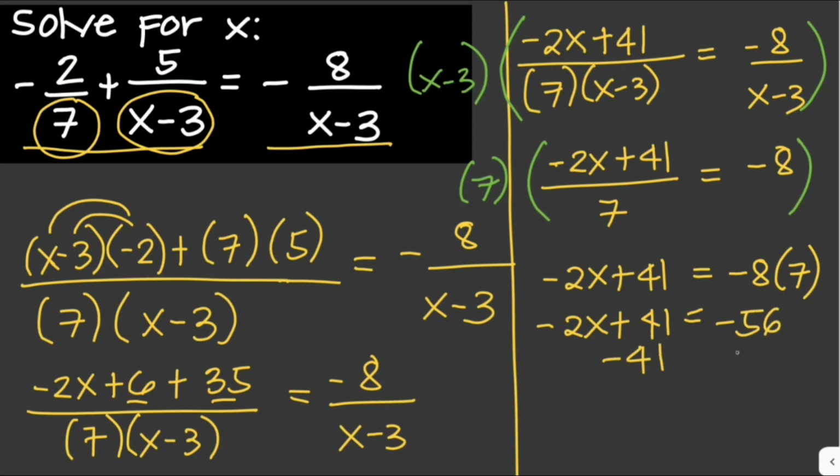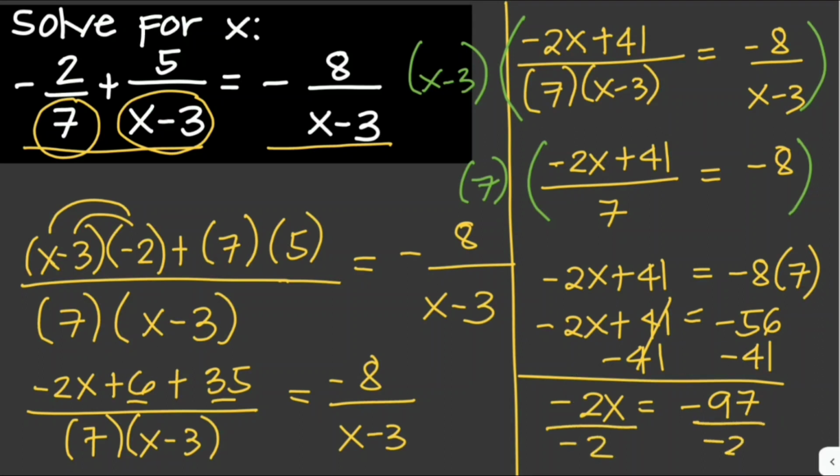Subtracting 41 from both sides. Okay, we're left with negative 2x equals negative 56 minus 41, which is just negative 97. And then to solve for x, we just have to divide both sides by negative 2.